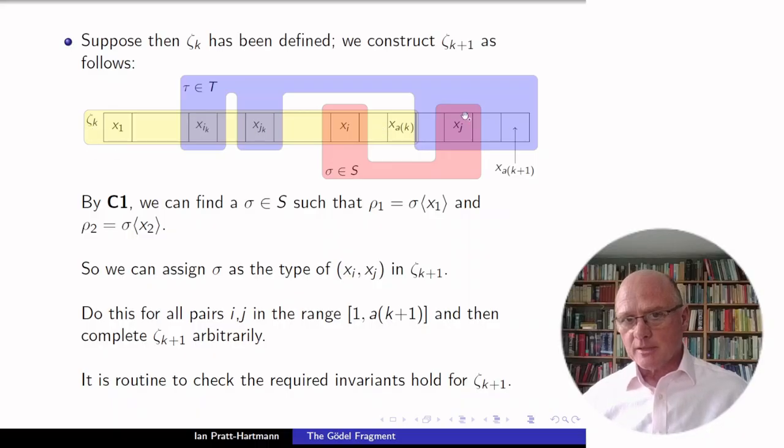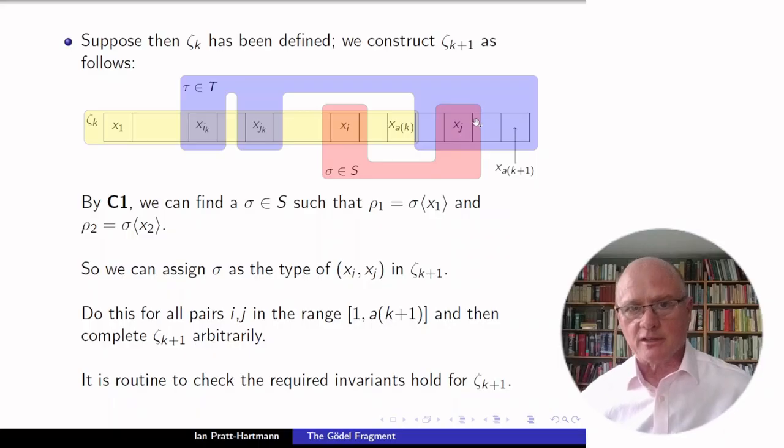What about the 1-type of this other variable? Well, this 1-type will be determined by the n-type that we've just assigned, the blue n-type. But it's a condition on certificates that any of the 1-types determined by an n-type in T will be in R. So this 1-type will be in R as well.